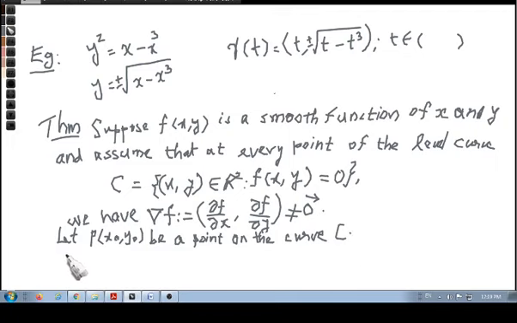Then there exists a regular parameterized curve.